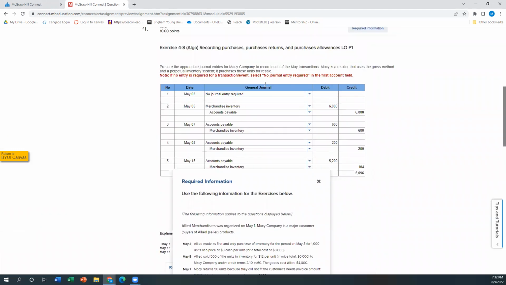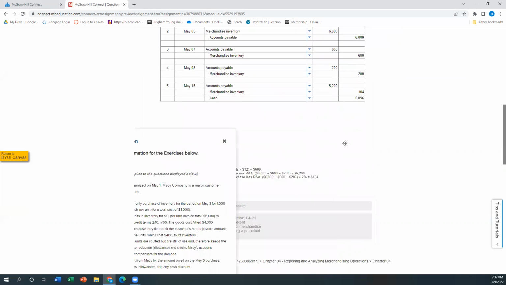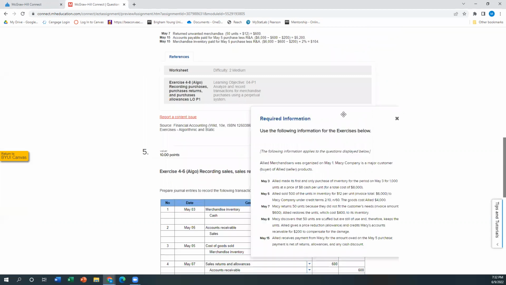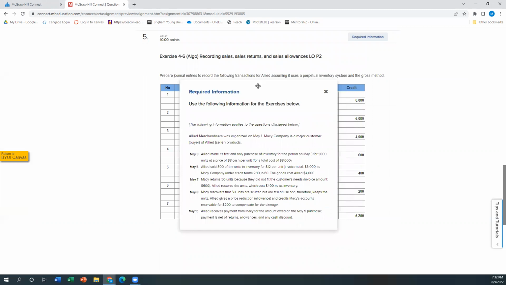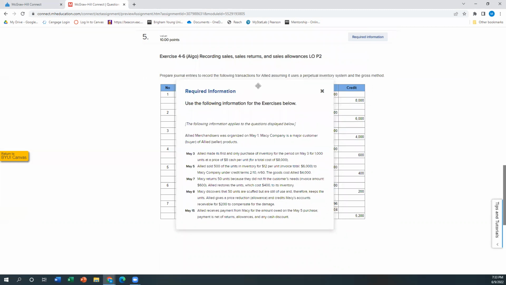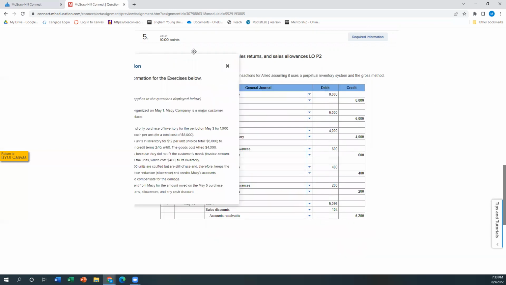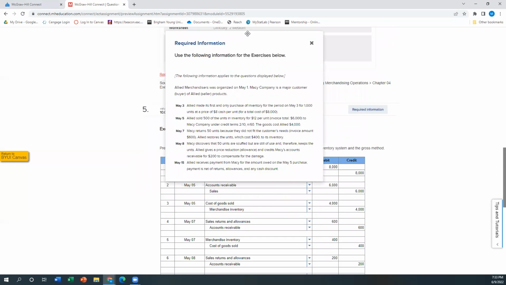In 4, we make the journal entries to record the May transactions. We're a retailer that uses the gross method and a perpetual inventory system. And then in 5, we're preparing the journal entries for the following transactions for Allied, assuming they use a perpetual inventory system.